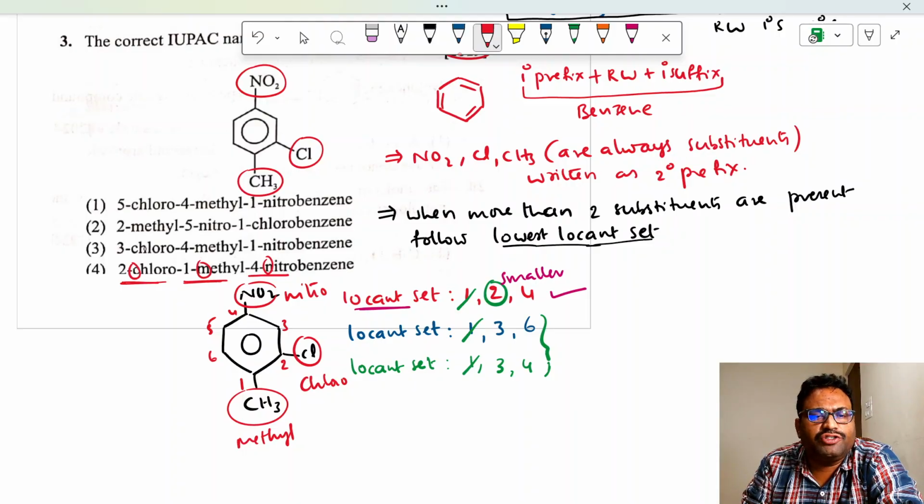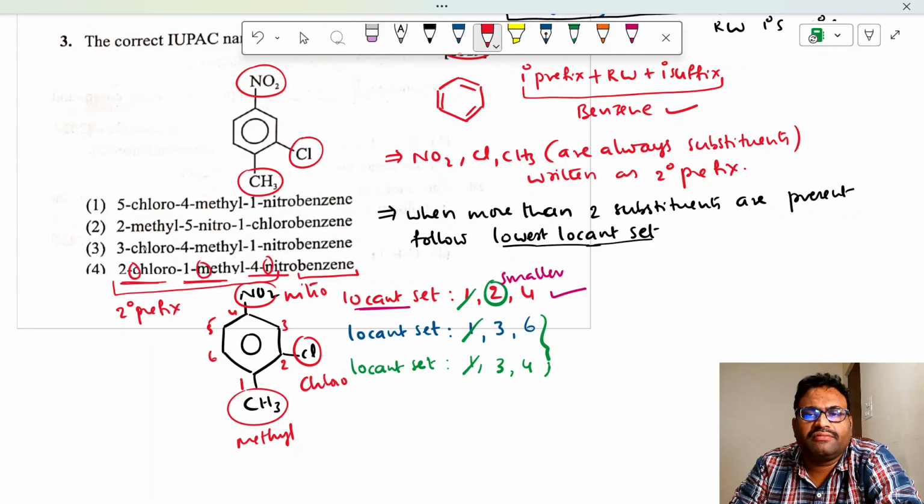All these three, 2 chloro, 1 methyl and 4 nitro, are written under secondary prefix. And benzene is the combination of primary prefix, root word and primary suffix. So what will be the answer? The answer is the fourth option.